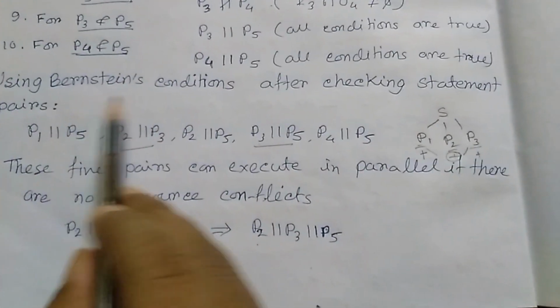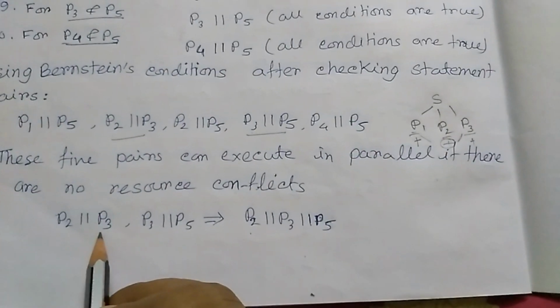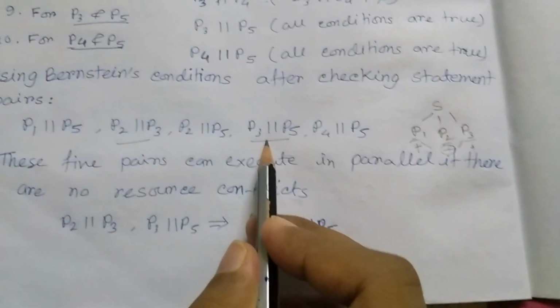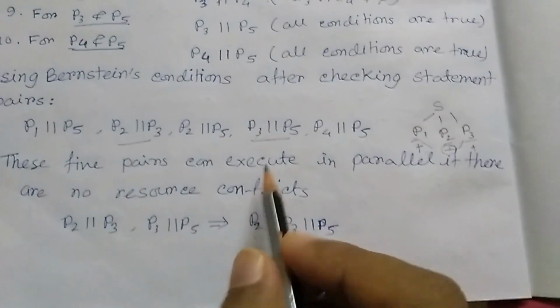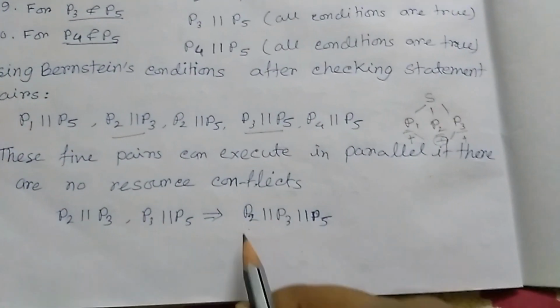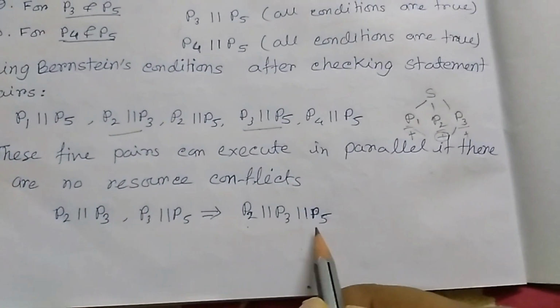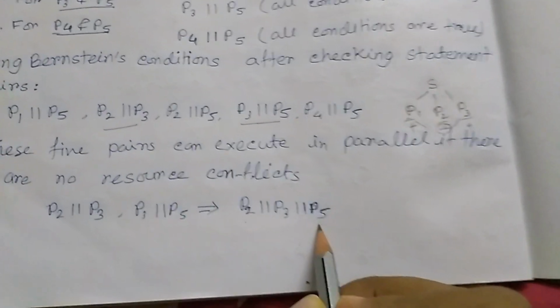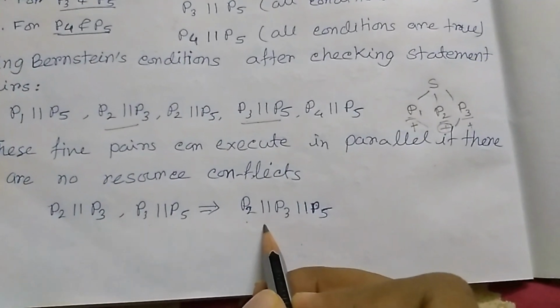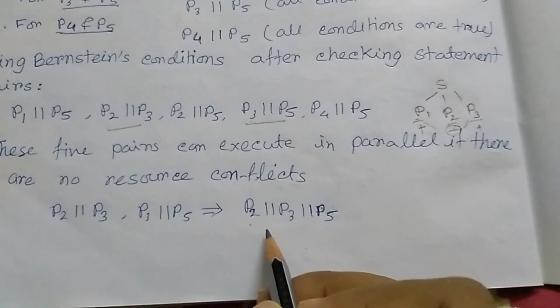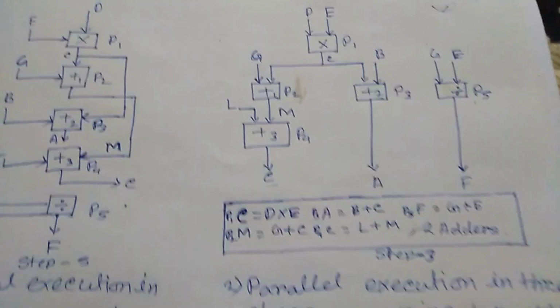So here we get from Bernstein's condition that P2 is parallel with P3 and P3 is parallel with P5. So we can write that P2 is parallel with P3 and parallel with P5, and we have to draw a diagram for the parallelism.